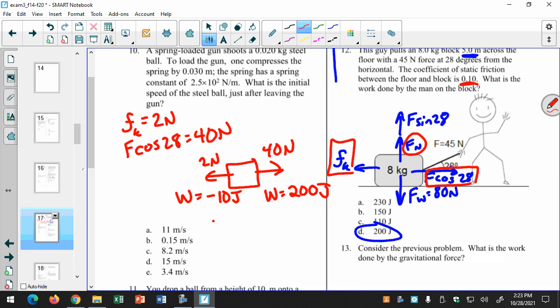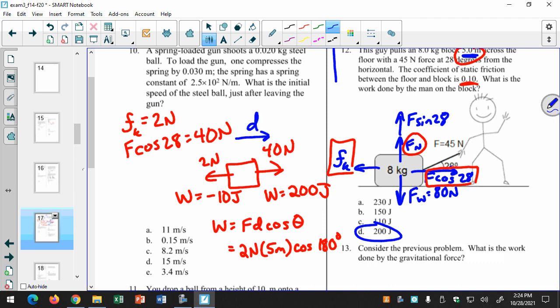So remember, work equals F D cosine theta. I have a force of 2 newtons. I have a displacement of 5 meters. That's given in the problem up here. And then I have the cosine of 180 degrees. Notice that my displacement is in this direction, but this force is in the opposite direction.